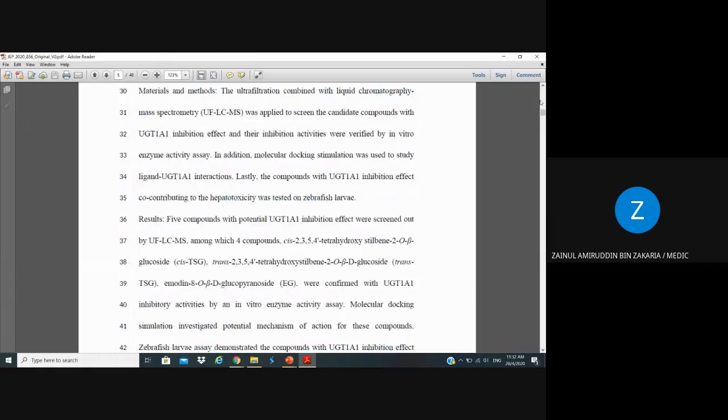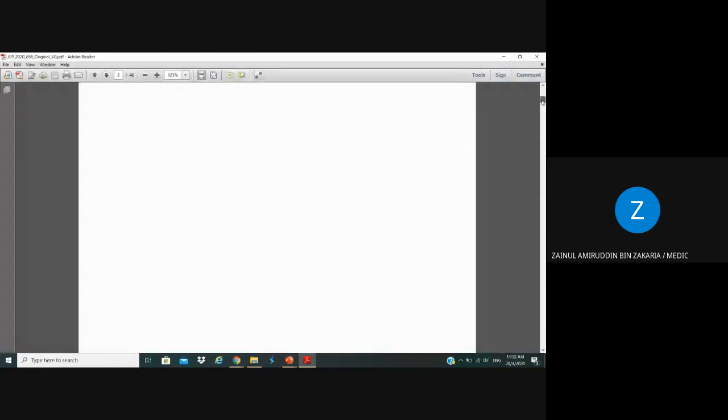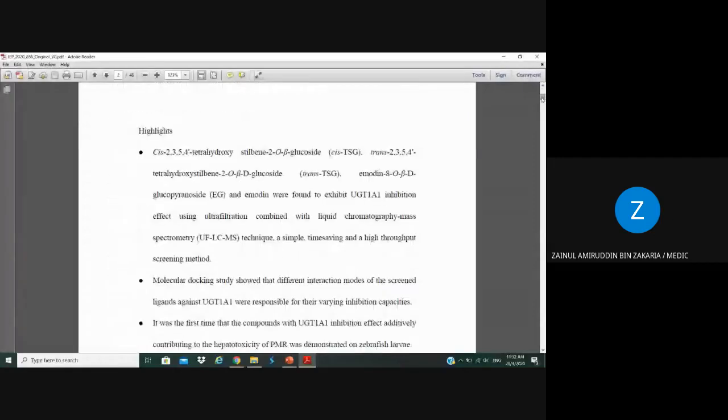So various studies have been carried out to determine the mechanism by which it causes liver damage. Actually, it works on the UGT1A1 enzyme. So what is the compound inside the plant that causes that toxicity effect? You can see emodin, TSG.